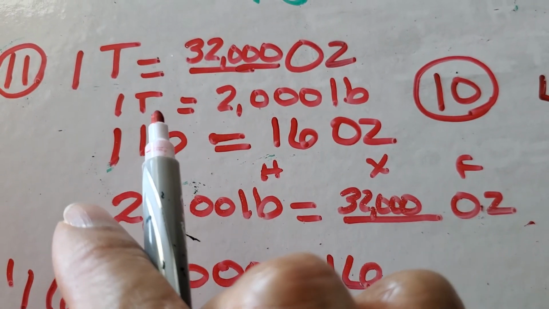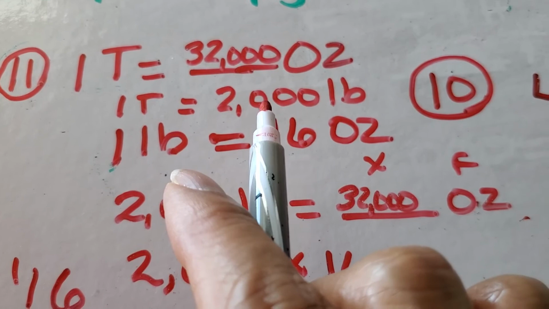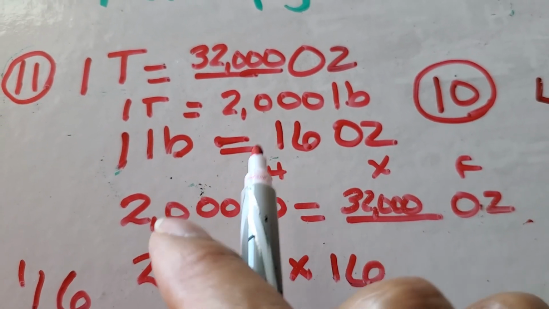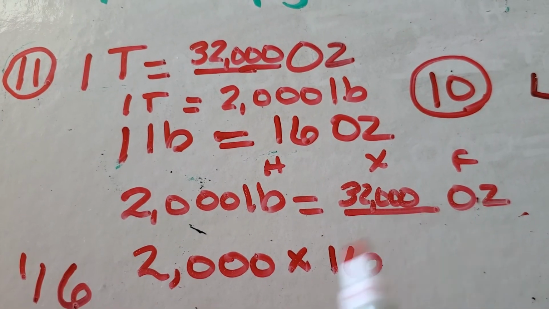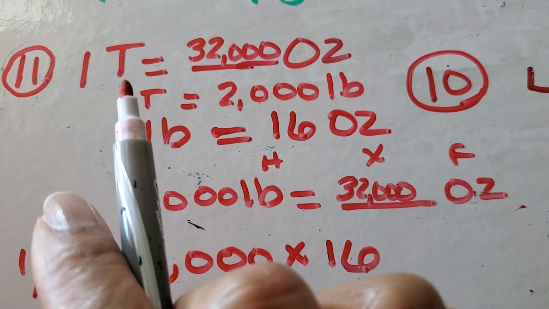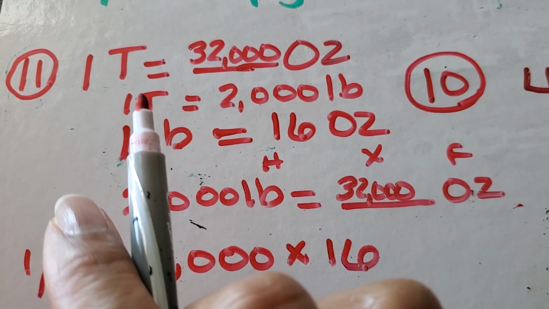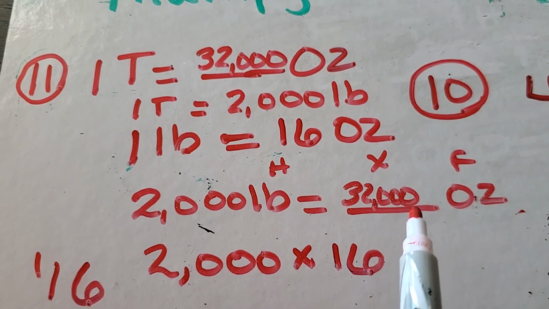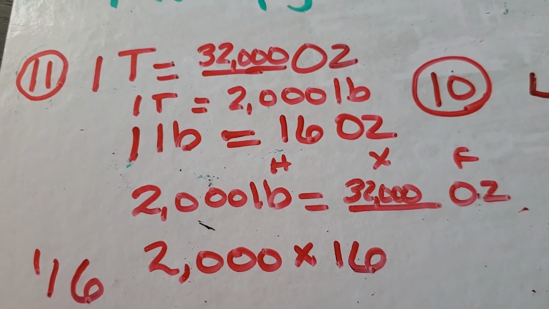I changed the tons to pounds first, right? And then I changed those pounds to ounces. Okay? And that's how I got my answer. Because there's 2,000 pounds in a ton. So that means 2,000 pounds is going to equal 32,000 ounces. Just simply had to multiply.